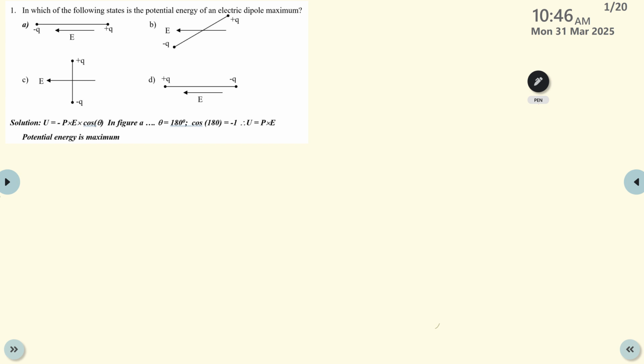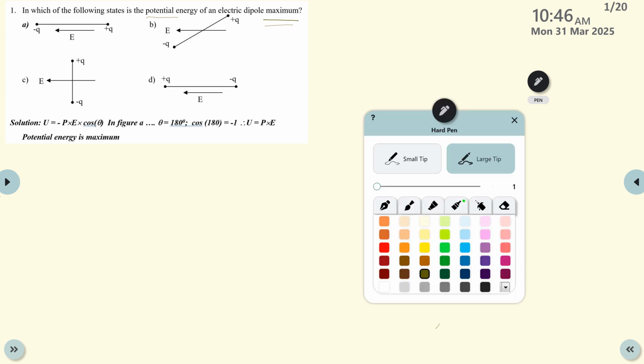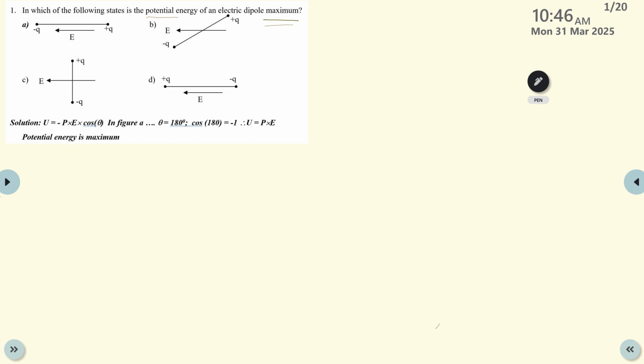In which of the following states is the potential energy maximum? He is asking in which figure the potential energy is maximum. Come to diagram A, that is choice A. You see, the electric field is here, but the dipole moment is like this, that is P cap.